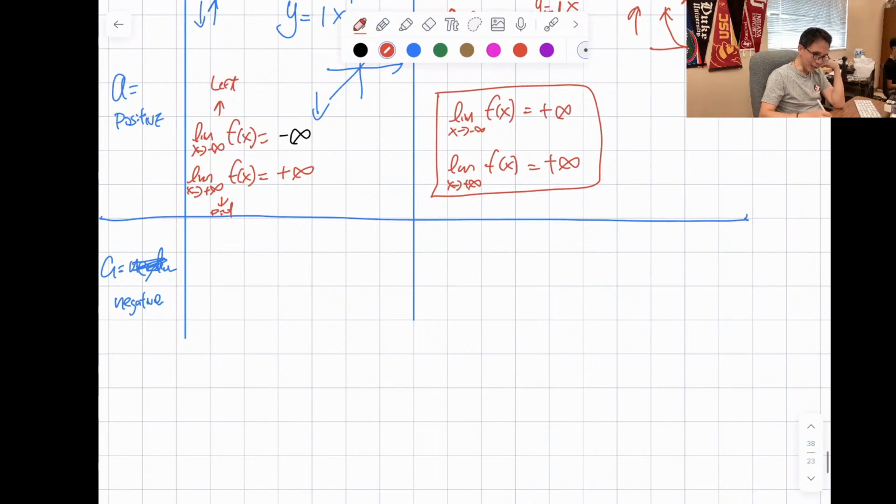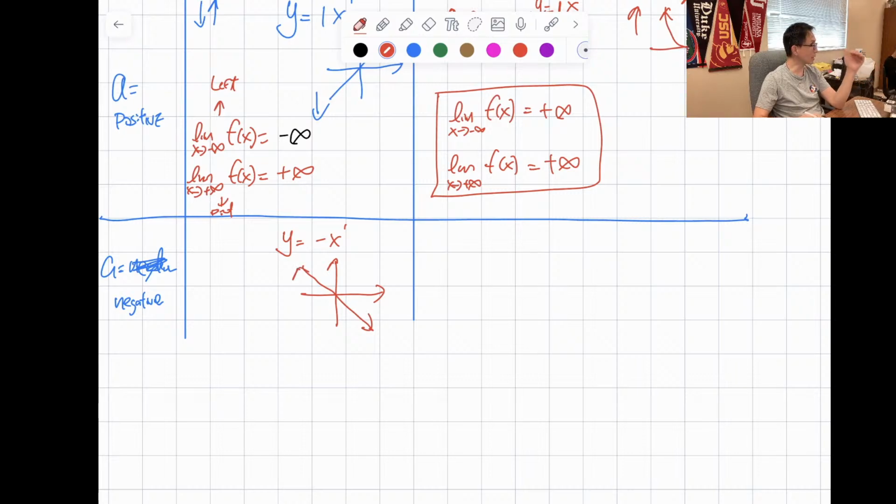How about a is negative? So think about a is negative, but it's odd. So I can just think about negative x to the 1, right? That's negative. A is negative, right? What does y equal to negative x look like? It goes down, but it's going to go this way, right? It's a negative slope, right? So can you write an end behavior this time?